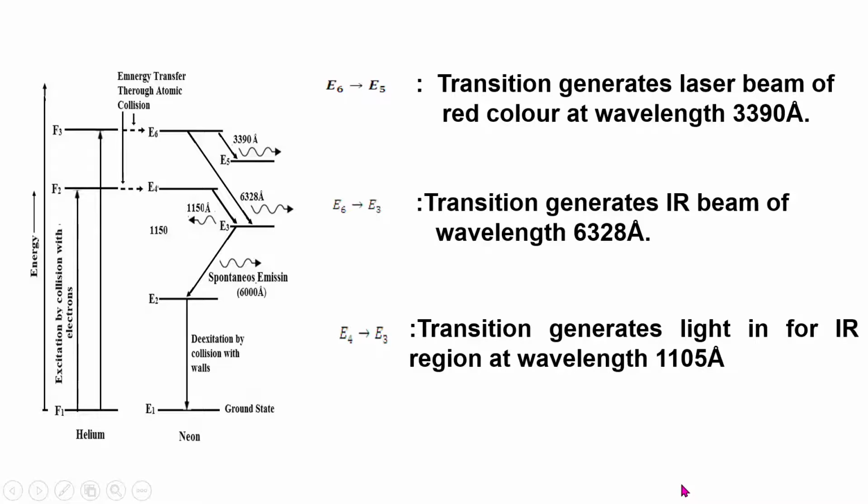these are the radiative transitions, and in these radiative transitions we can observe three types of radiations. That means from E6 to E5 it generates a beam of red color having the wavelength 3390 angstrom unit.